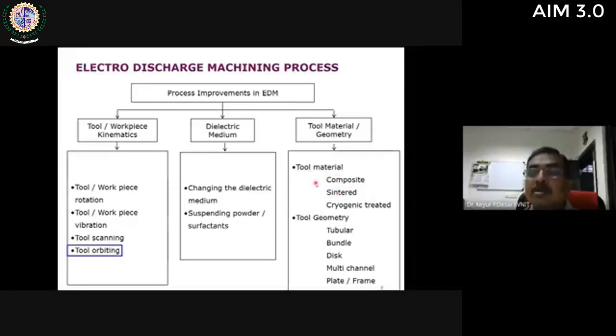For tool materials, we may use composite, we may use sintered tools, we may use cryogenically treated tools, because cryogenic treatment changes the thermophysical properties of any metal either favorably or unfavorably. And if it is changed favorably, we can use such a tool to improve the process. But this is an area which is yet to be explored at our end.